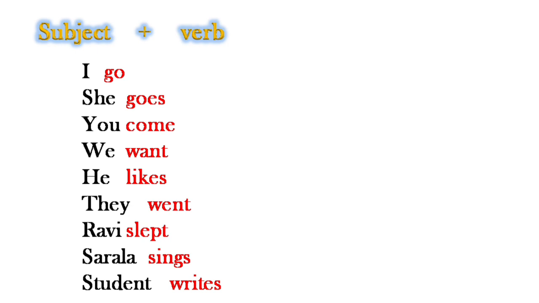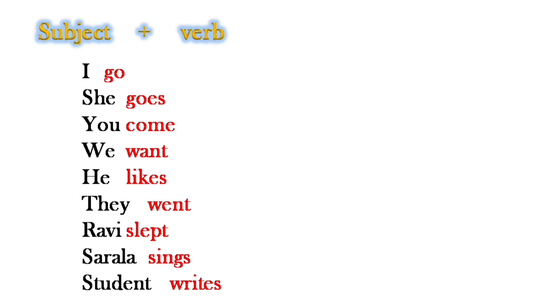Like this, we can make very simple sentences. In English, the shortest sentence is "I do." It has only subject and verb. I is a subject, do is a verb.